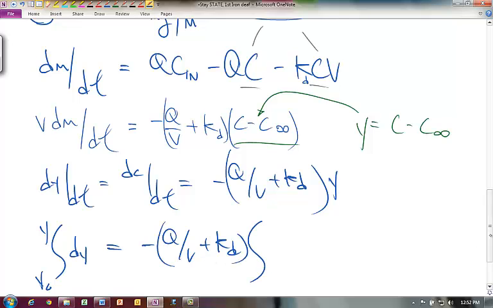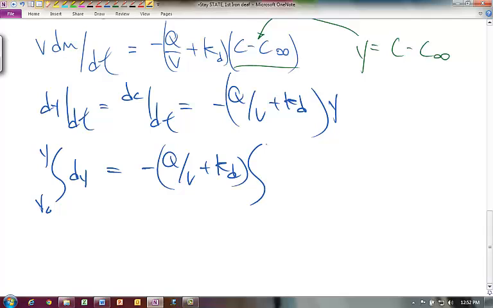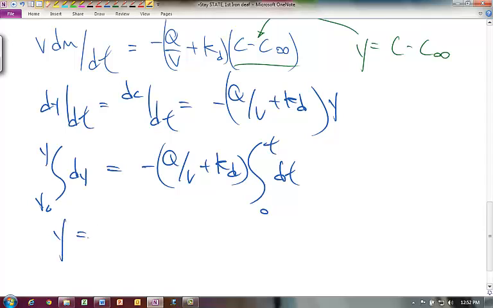All right, and so we've got this, and we'll also integrate this from time 0 to t, dt. And when we solve for this, we would get y is equal to y naught e to the minus kd plus Q over V times t.